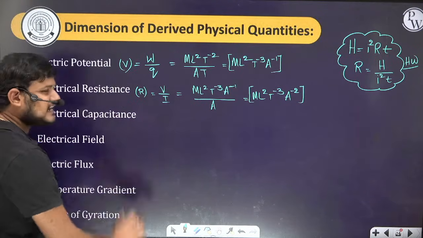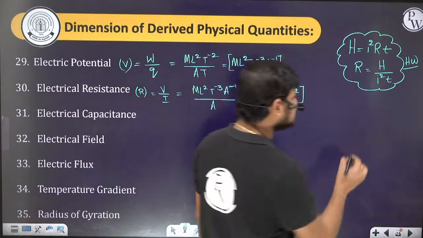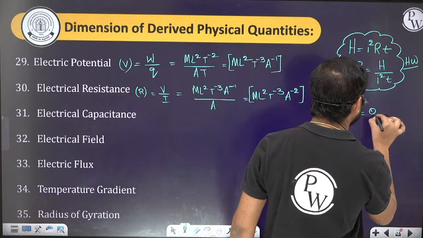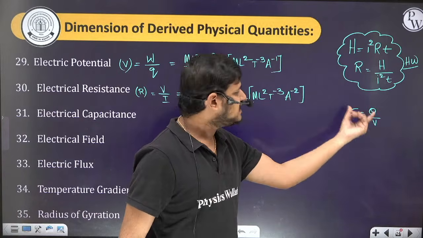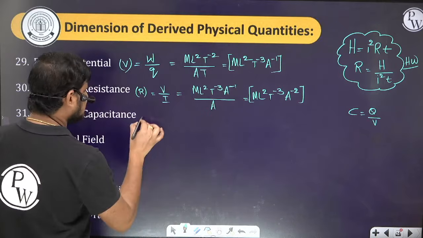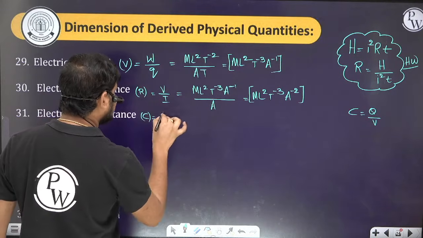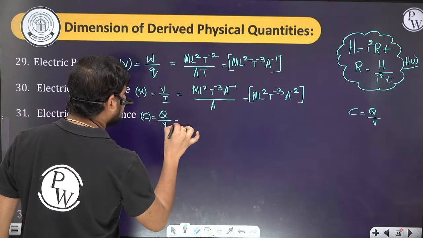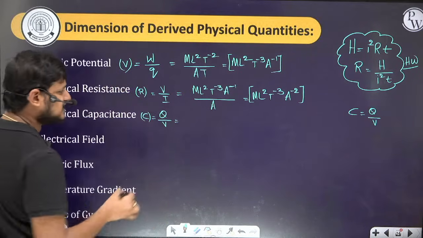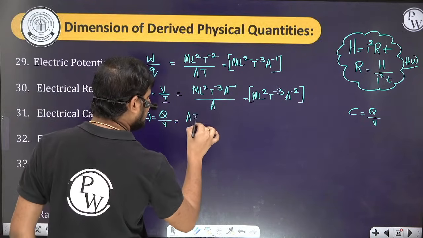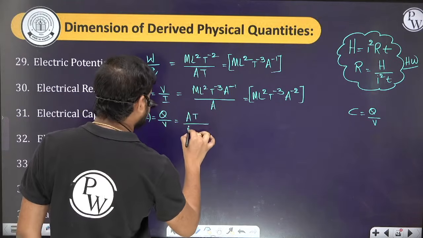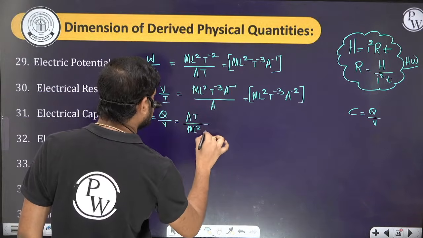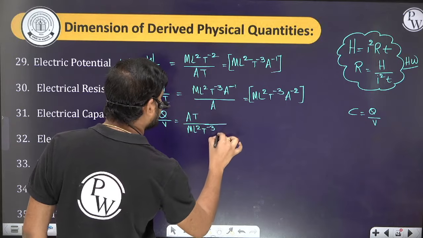Then electrical capacitance. The capacitance formula is C is equal to Q by V, where Q is the charge and V is the potential. We know Q is the charge, which is A into T, and the potential is M L square T to the power minus 3, A to the power minus 1.